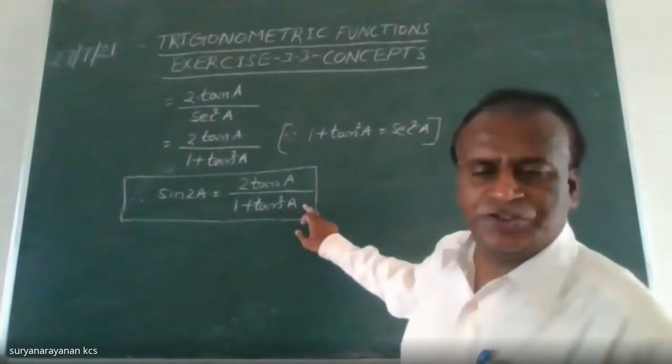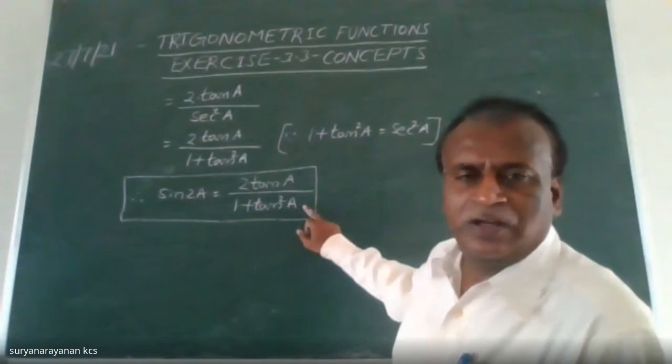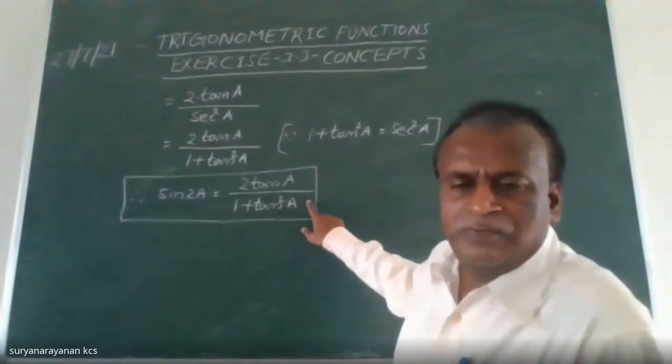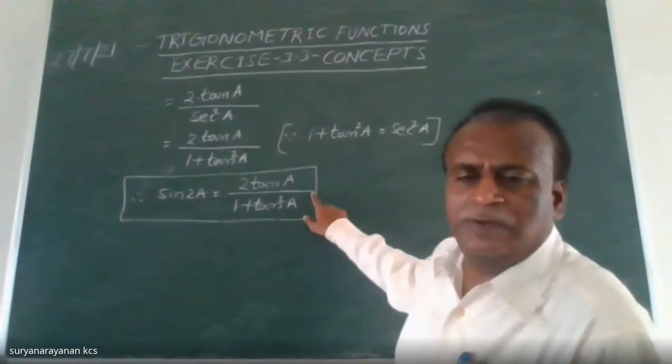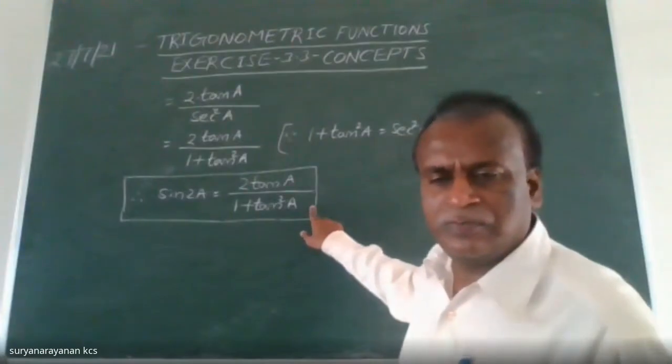Very good. Catherine, read this formula. Sin 2a equal to 2 tan a divided by 1 plus tan square a. Very good. My dear Richard, read this formula. Sin 2a is equal to 2 tan a divided by 1 plus tan square a. Very good, Richard.